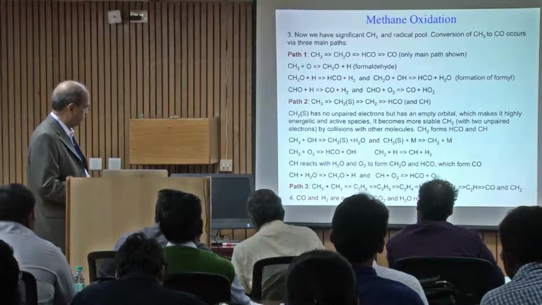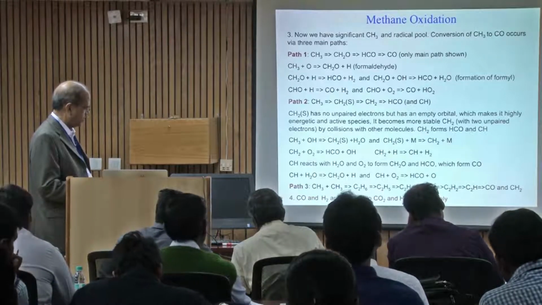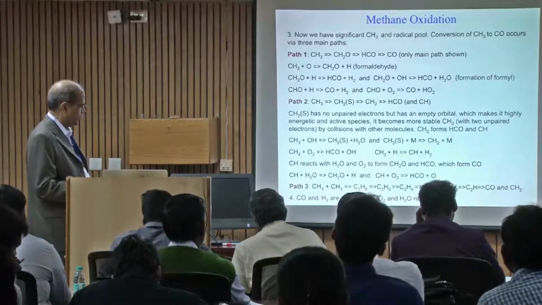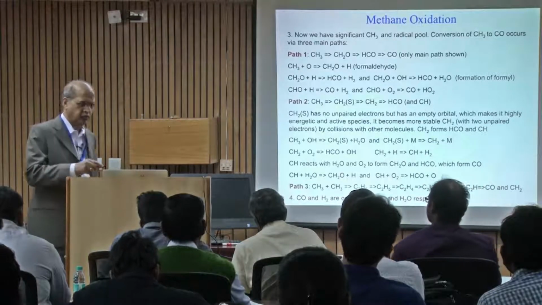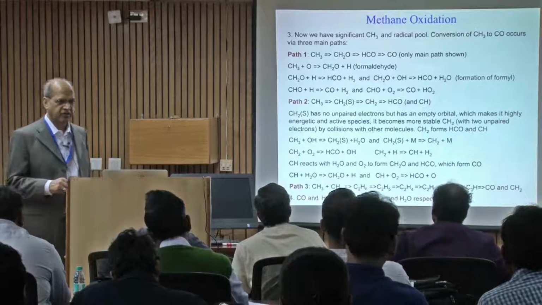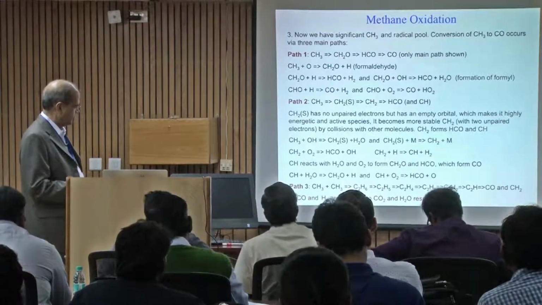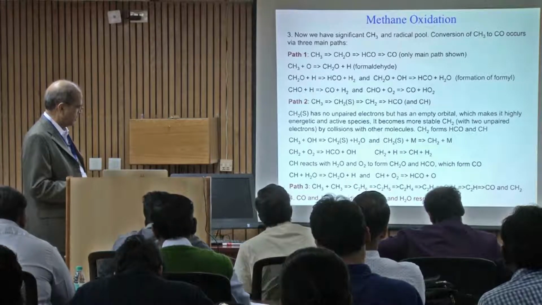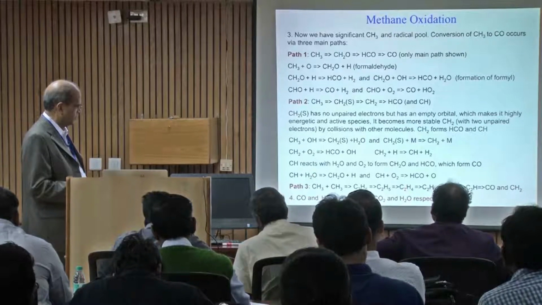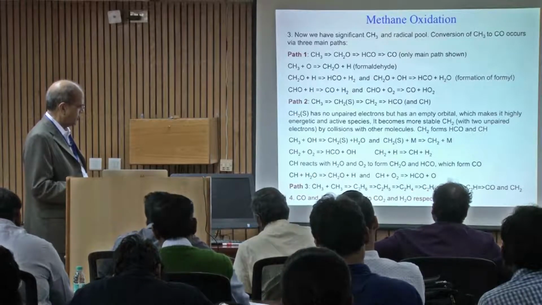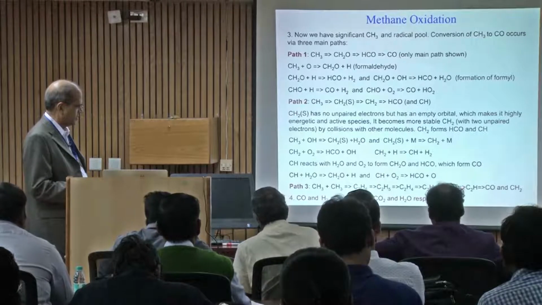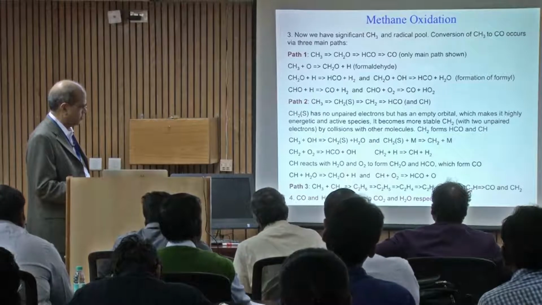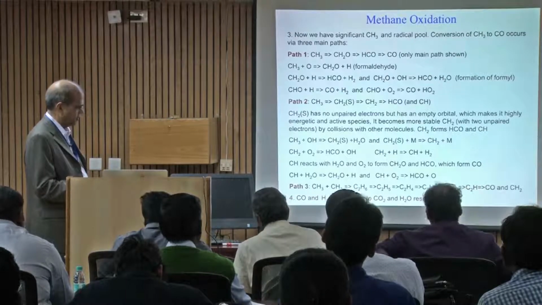You produce C2H6, and then this is the common path to CO. These reactions are called hydrogen abstraction reactions, where you remove one hydrogen radical. So you go from C2H6, lose one hydrogen to C2H5, then C2H4, which is ethylene, then C2H3, then acetylene, and then again hydrogen abstraction, and from C2H there are some other reactions which go to CO.